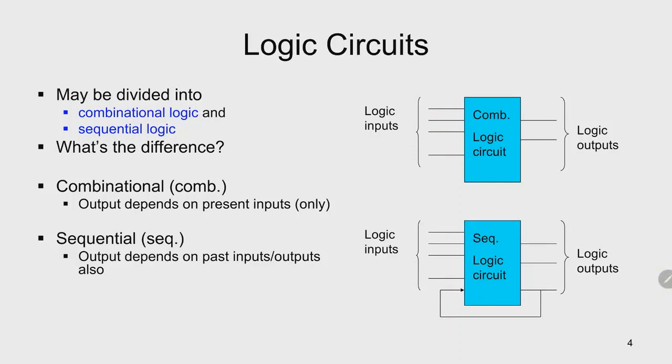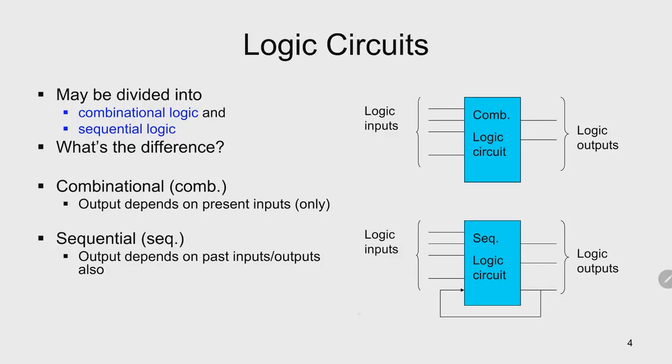In a sequential logic, you have a set of inputs, and then the output is fed back to the input. So it means that the output not just depends on the input, but it also depends on the output itself. So it is actually a time-dependent sequence. We say that the next stage depends on the previous stage.